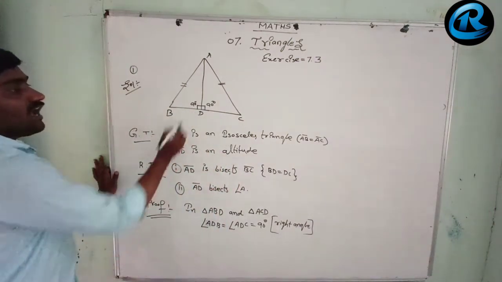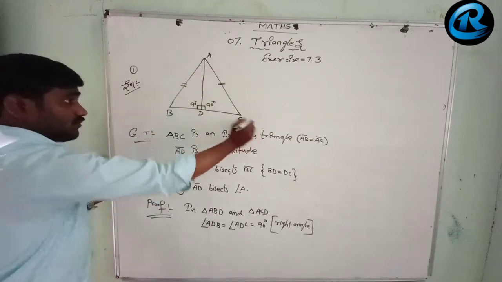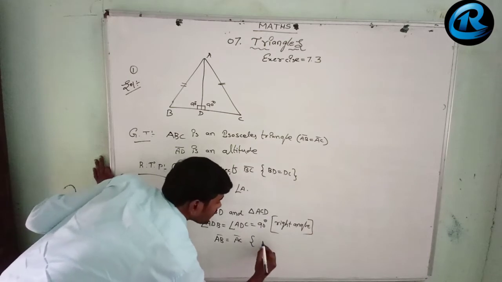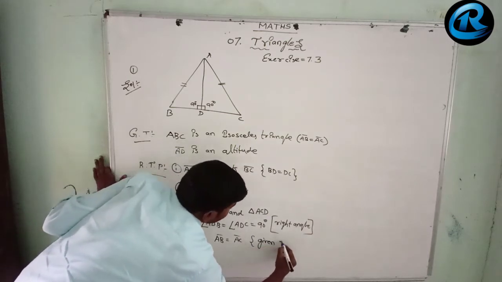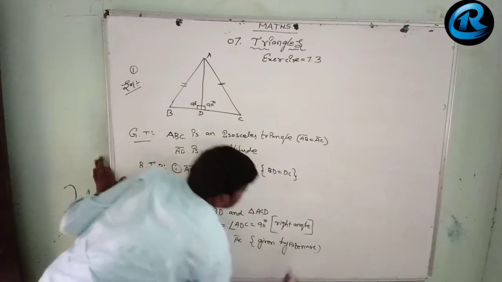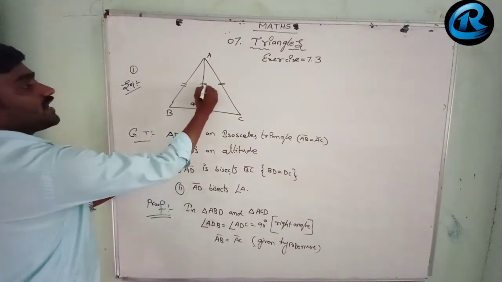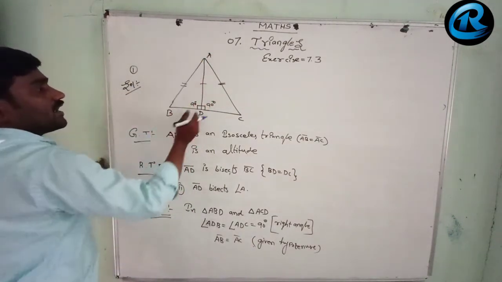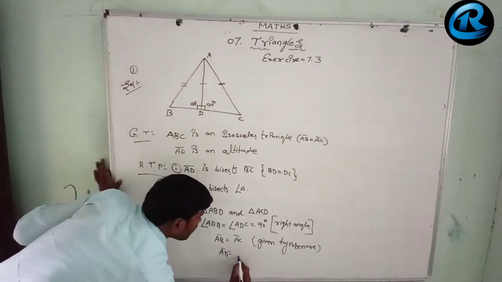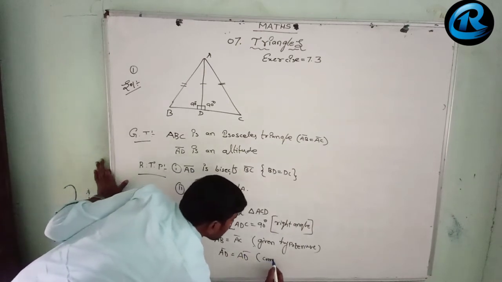The side opposite the right angle is known as the hypotenuse. As given, AB equals AC, the hypotenuse is also given. Now here AD is a common side for triangle ABD and triangle ACD. So AD equals AD.